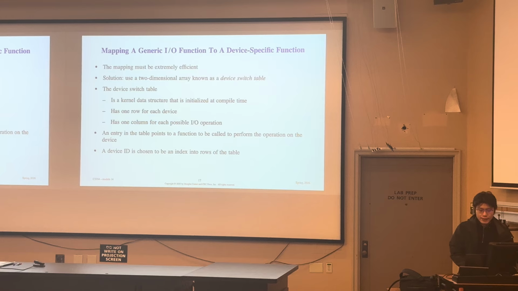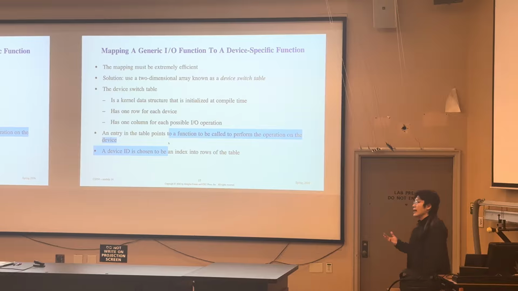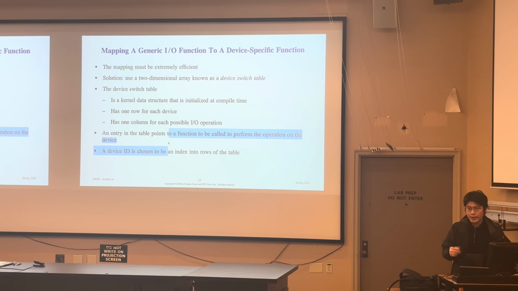An entry in the table points to a function to be called. A getc interface in this table is a pointer to the implementation of getc for this device, maybe Ethernet or maybe the console. The device ID is chosen to be an index into the rows of this table.